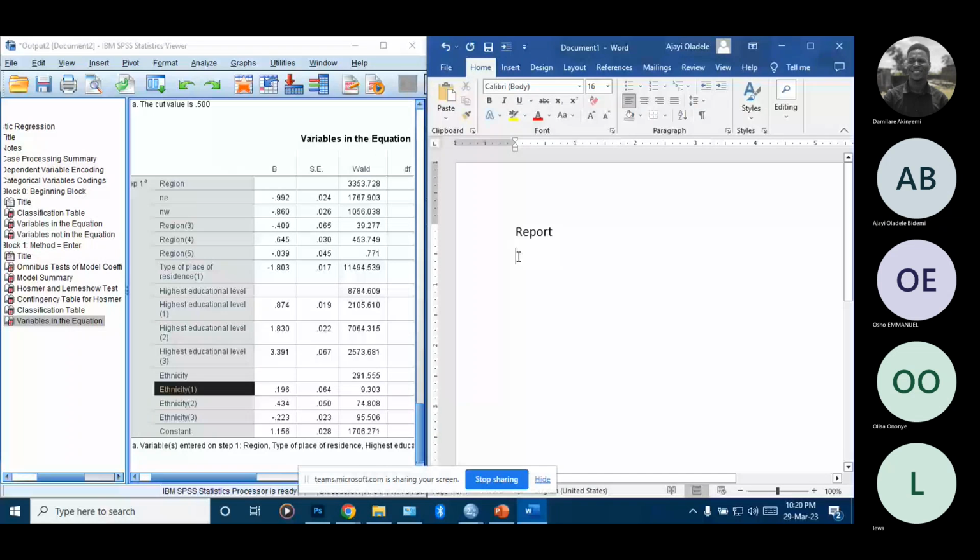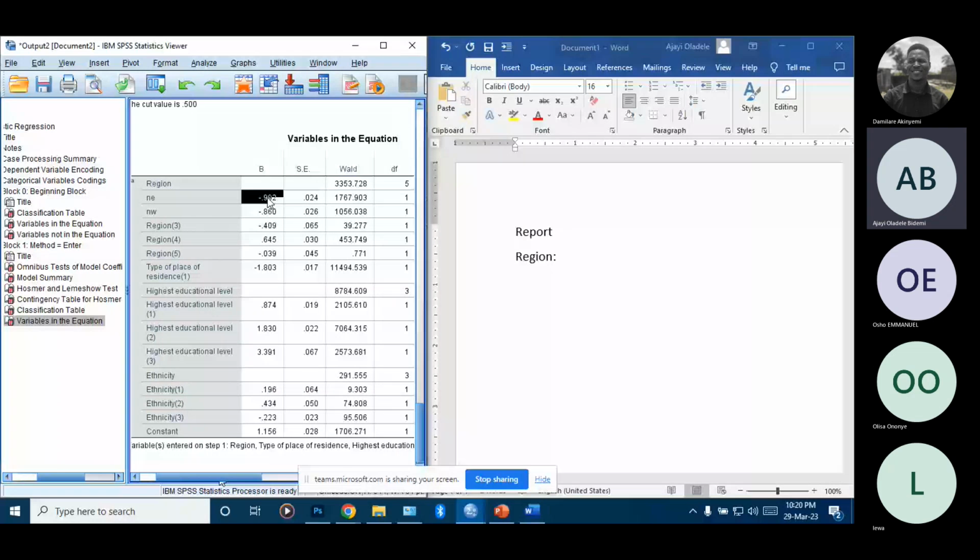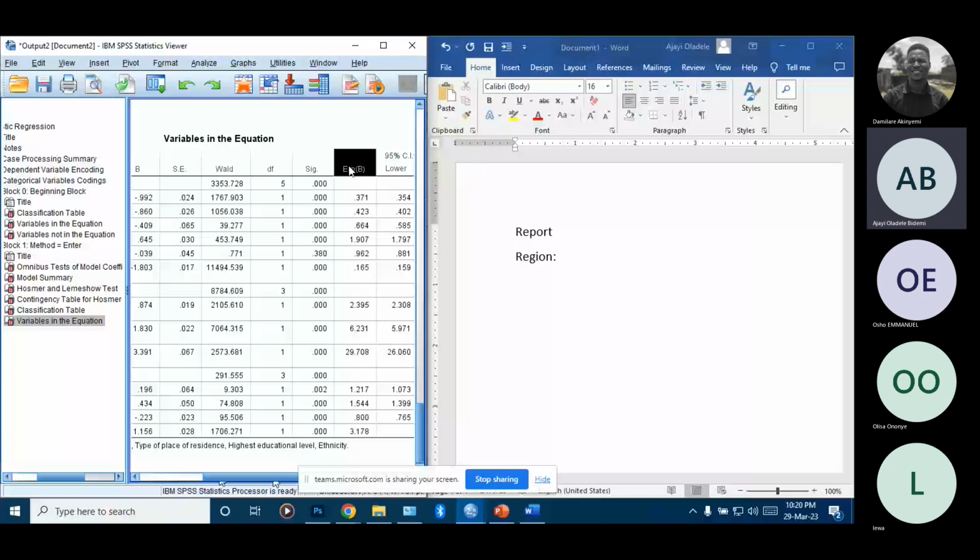For region, now if you look at the region, the exponential of our beta is our odd ratio.